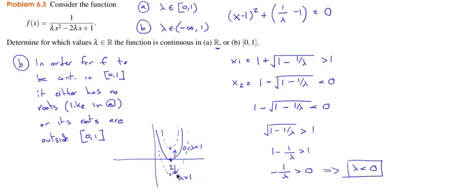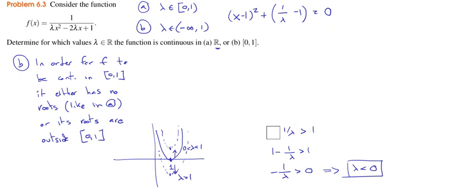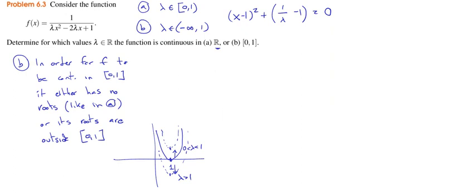For every value of lambda that's positive greater than 1, you're actually going downwards here, and as you go to infinity, you take this parabola downwards by increasing the value of lambda.